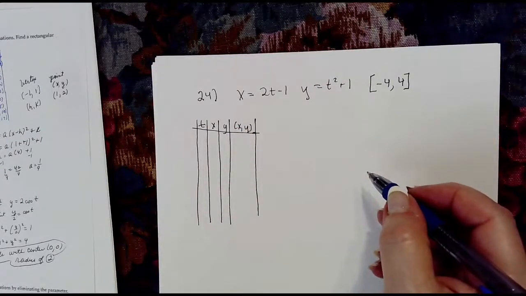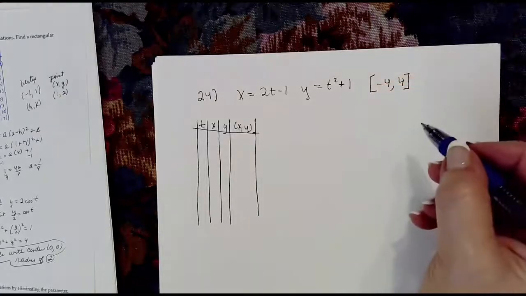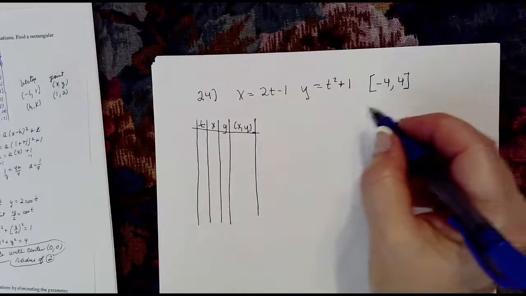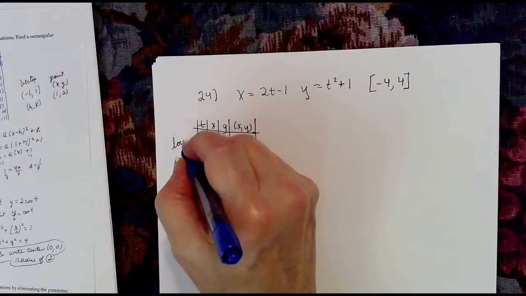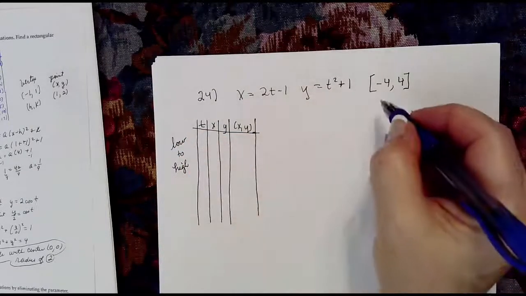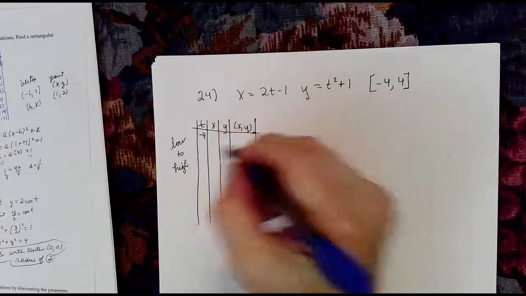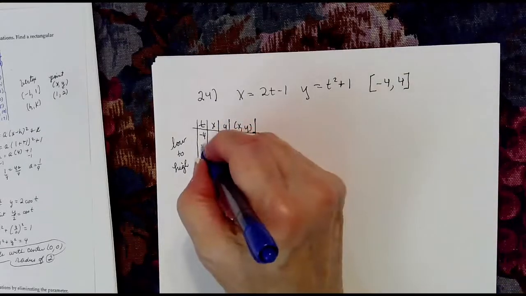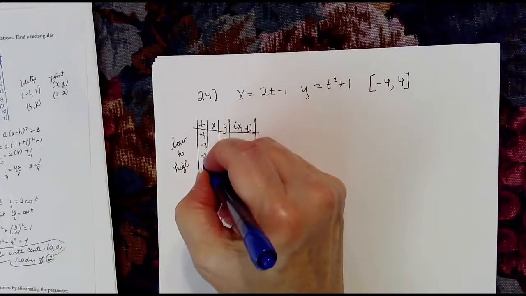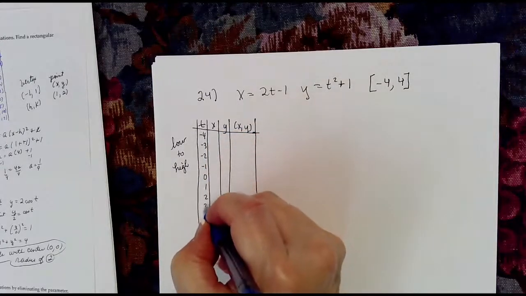So now, what goes inside this? We know we have to go low to high. So we're starting with -4, and then going all the way up to +4: -4, -3, -2, -1, 0, 1, 2, 3, 4.